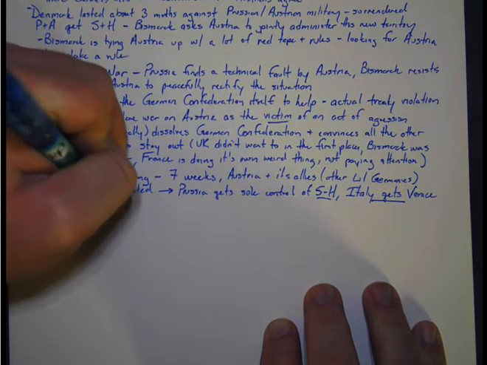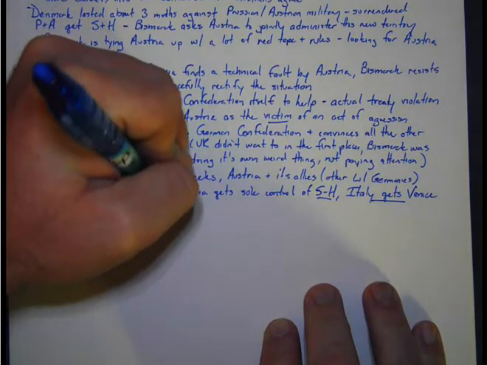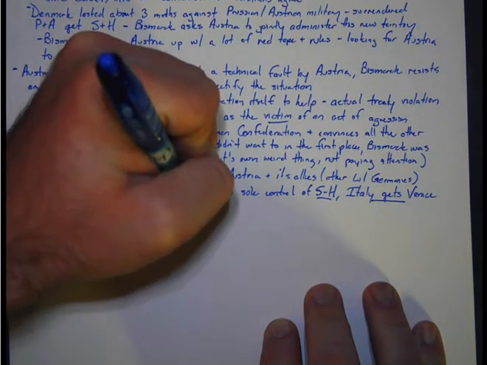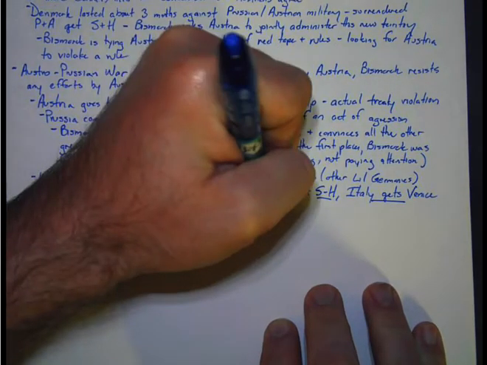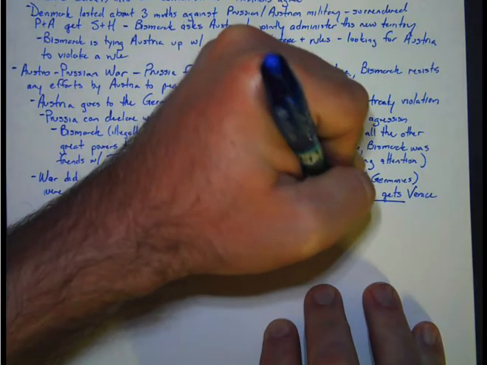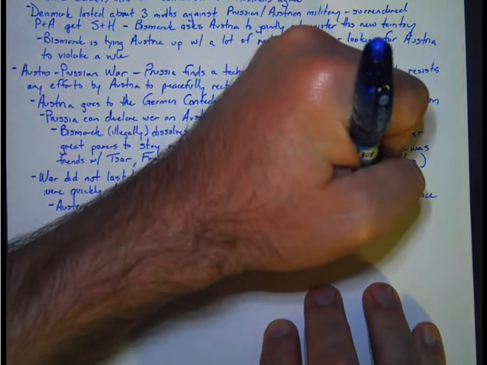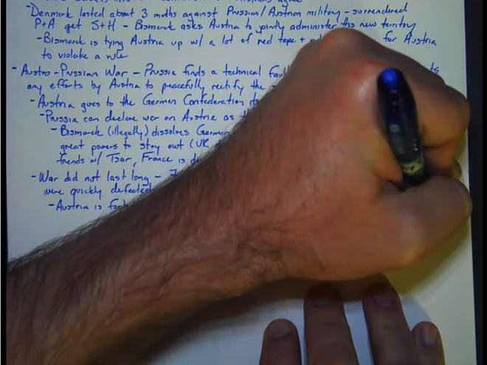Austria is forbidden from joining whatever German unification Bismarck is planning.